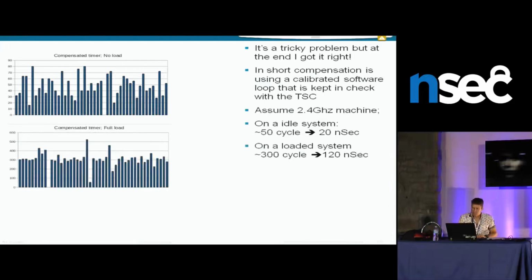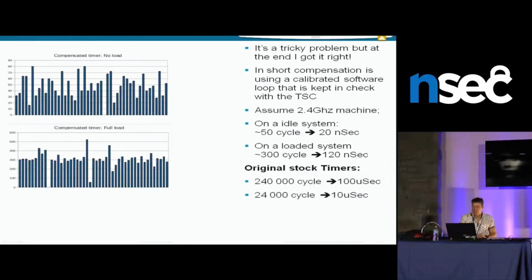On a loaded system, it goes to 300 cycles. If you compare that with the stock implementation, which was giving 240,000 cycles, best case 24,000 cycles, that was way out of bounds. So this 300 cycles, 50 cycles, is what we need to be able to transmit data over cache.